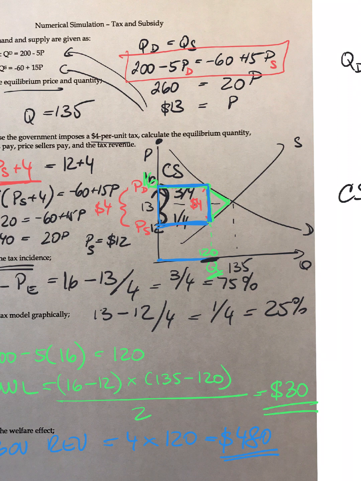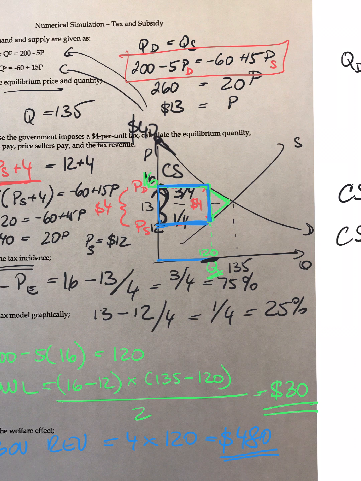P equals 200 divided by 5, $40. So this intercept up here would be at $40. So consumer surplus is going to be $40 minus 16, that's the height, times 120 divided by 2.